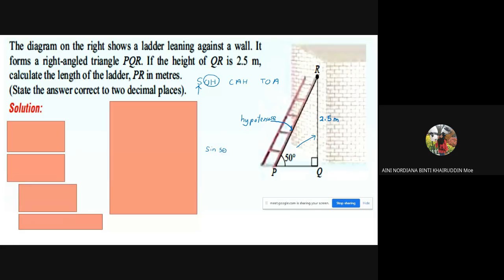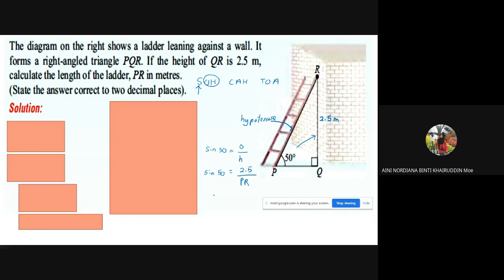Sine 50 degree, because this angle is 50 degree, equals to opposite over hypotenuse. Opposite of angle 50 degree is 2.5, over hypotenuse is PR, the one that we want to calculate.